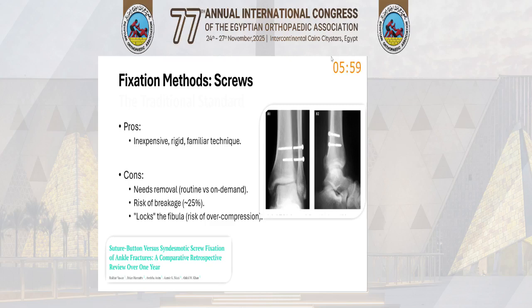But the screws need removal, either routinely or on demand when the patient is complaining of pain, or sometimes limitation of reaching maximum dorsiflexion, or risk of breakage. So the patient must be notified about this if not planning for routine removal. It locks the fibula, so there is risk of over-compression after using the screws.